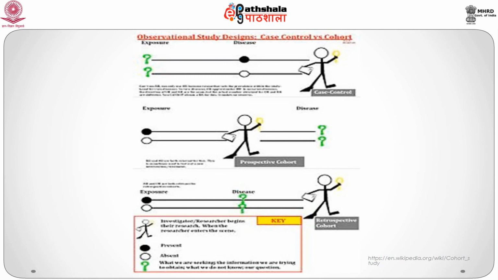We next have the prospective study. So the investigator has assembled the two cohorts based on exposure and goes forward in time to ascertain their disease. We also have the retrospective cohort study, where the investigator assembles the cohort as before based on their exposure and follows them forward in time to ascertain their disease.